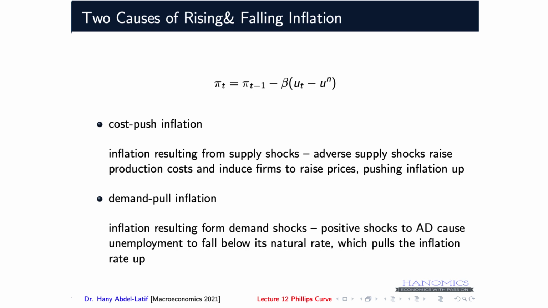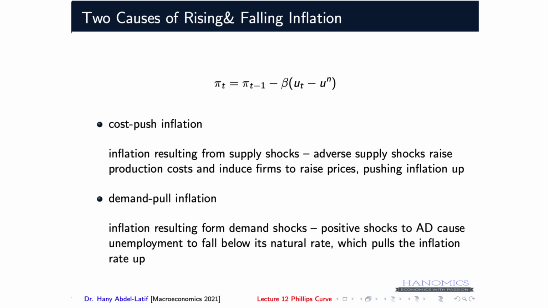To do that, they need to offer higher wages. Wages increase the production cost, which means they have to add this to prices. So the inflation rate will go up, and the reason here is demand-pull inflation.